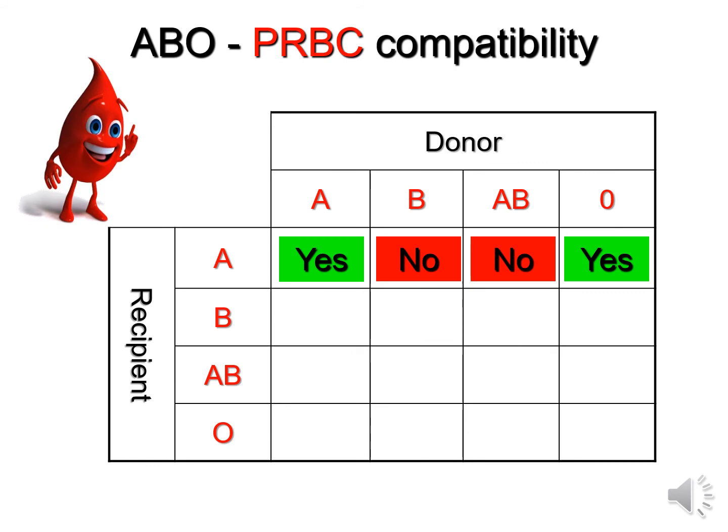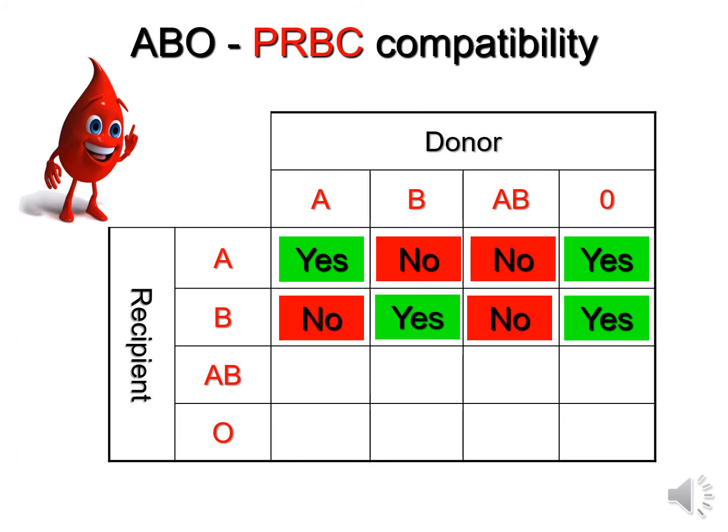B and A, not compatible. AB, because of B, not compatible. O, they're compatible. For recipient B, A and B are not compatible, B and B are compatible, AB and B are not compatible, O and B are compatible.